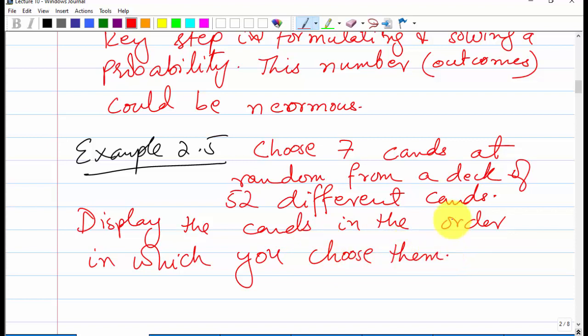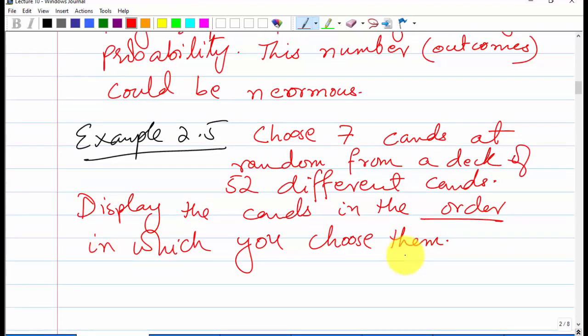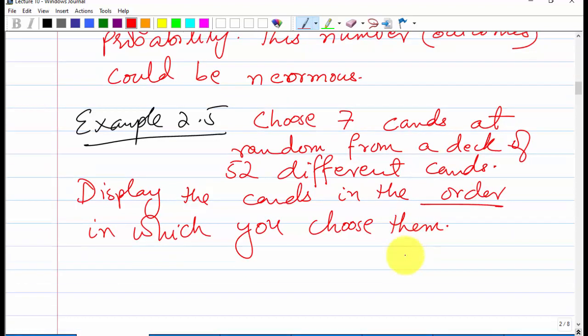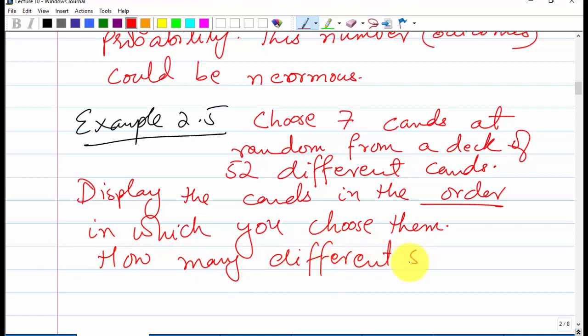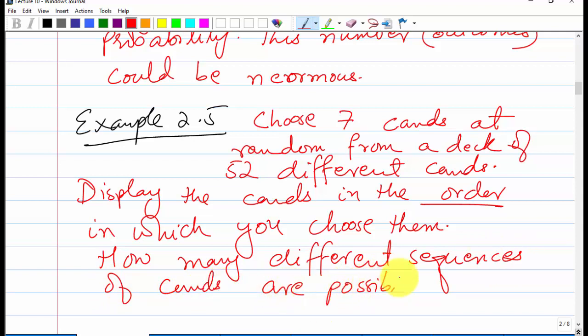So remember, here we need to put them in order. In which order they come, we have to put them. And it asks how many different sequences of cards are possible.